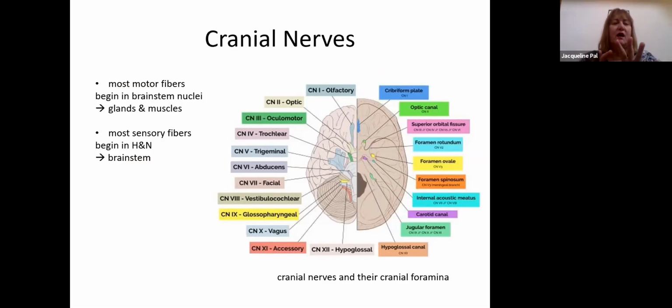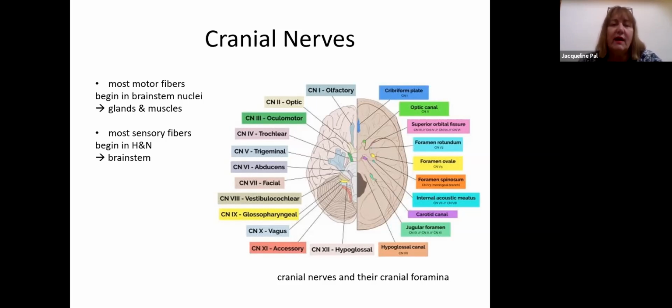Most of the cranial nerves that have motor fibers are going to have their origins in the brainstem, specifically the pons and medulla oblongata, not in the midbrain. And then from there, they'll go to the glands and the muscles, the smooth muscles and cardiac muscles.